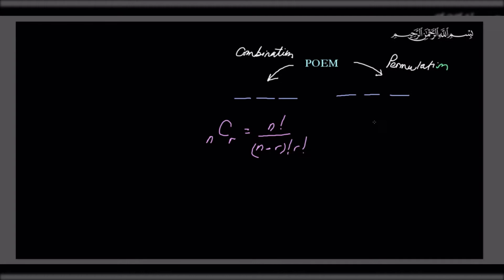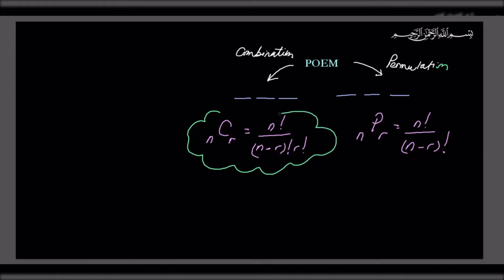And the formula for permutation is written like this: permutation of n choose r is n factorial over n minus r factorial. All right, so these are the 2 basic formulas for combination and permutation.